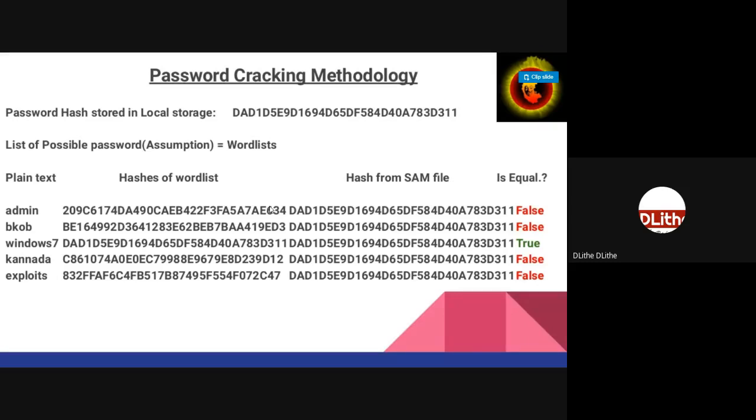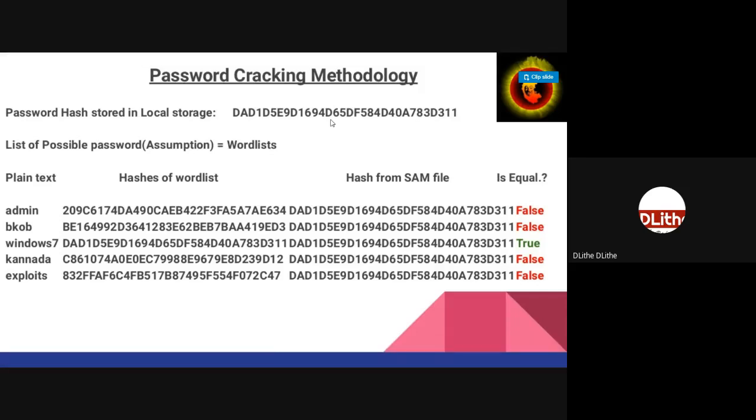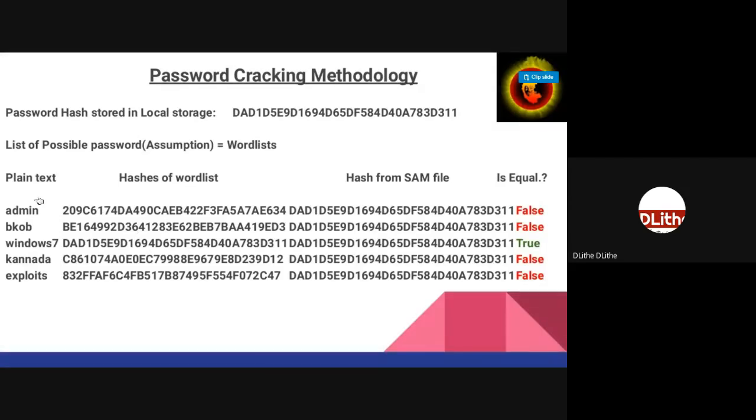In this case, as you can see, the password hash that I've captured starts with DAD blah blah blah, right? When you compare this hash with the newly generated hashes over here, I have created a word list of 5 characters, and the resembling hashes are also listed over here.